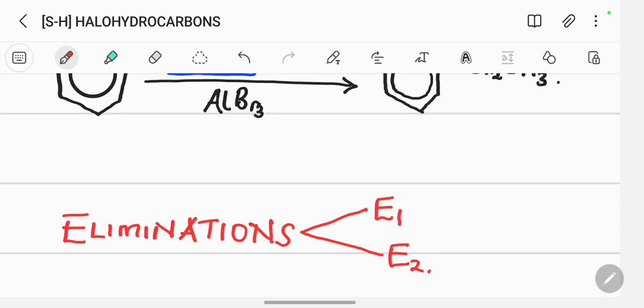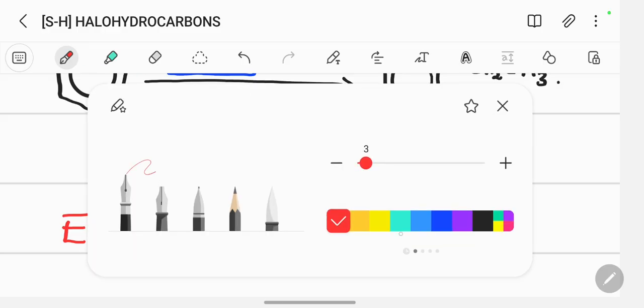What is an elimination reaction? An elimination reaction is a reaction which involves removal of an atom or group of atoms from two adjacent carbon atoms to form a multiple bond. So this one is removal.